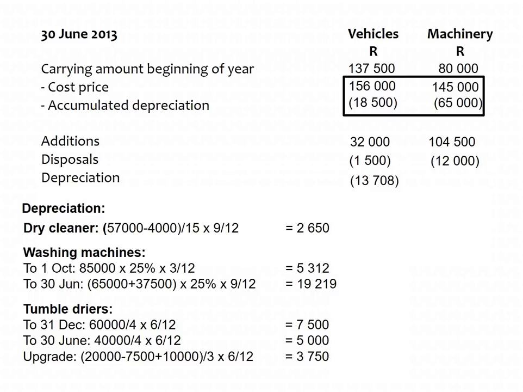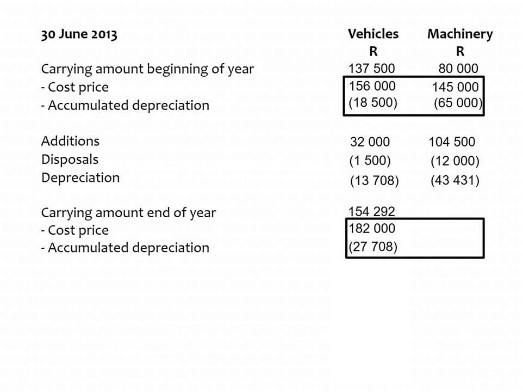We need to calculate the depreciation for 6 months. If calculated, this amount equals 3,750. Our depreciation for machinery is therefore the sum of all these amounts, and this amounts to 43,431.